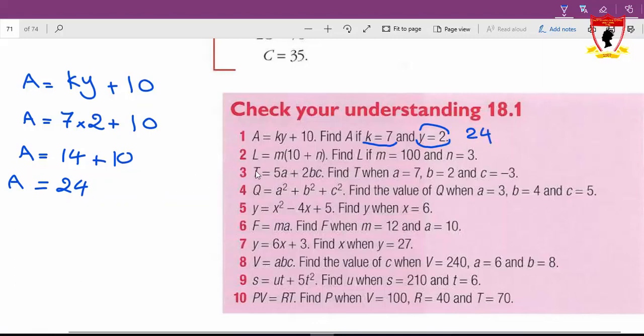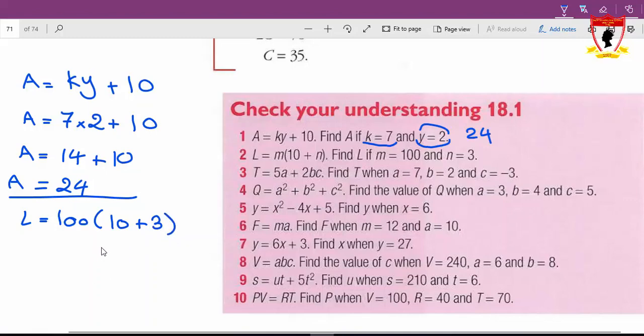Question 2. L is equal to m brackets 10 plus n. Find L if m is 100 and n is 3. Let's substitute. L is equal to, instead of m we can write 100 bracket, nothing between the 100 and the bracket, means multiply the 100 by inside the bracket. 10 plus n is equal to 3.